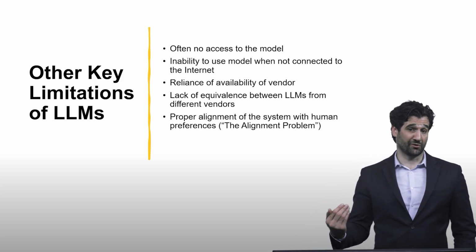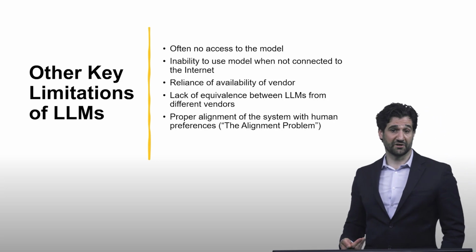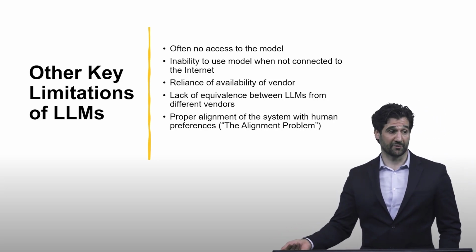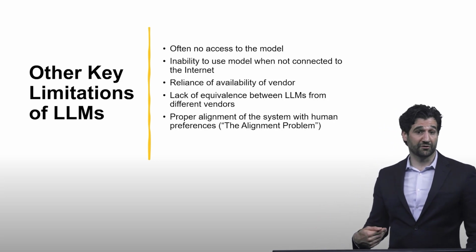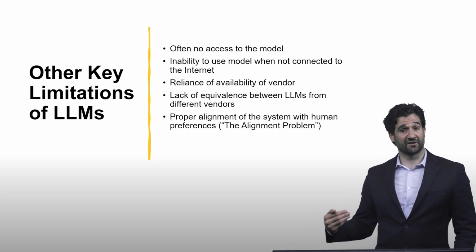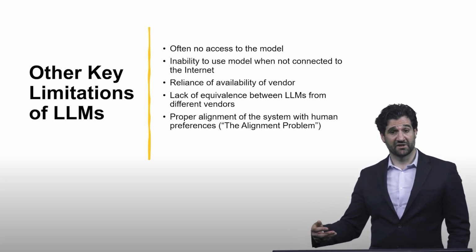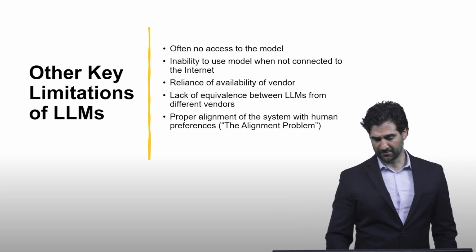This is considered one of the big open problems in artificial intelligence and machine learning today, and is referred to as the alignment problem. I believe that for large language models, in the current architectures, this is likely not solvable as is, and we'll need additional technology to address this challenging problem.